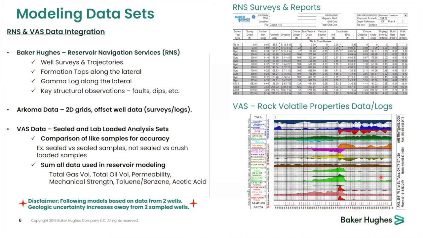Also, we're going to go through the visualization. Keep in mind that there were 4 wells that were analyzed, and 2 of them were sealed at well and 2 were lab loaded. So we're going to focus on those 2 sealed at well. And we need to remember that as you go away from those wells, your geologic uncertainty is going to increase in the reservoir model.